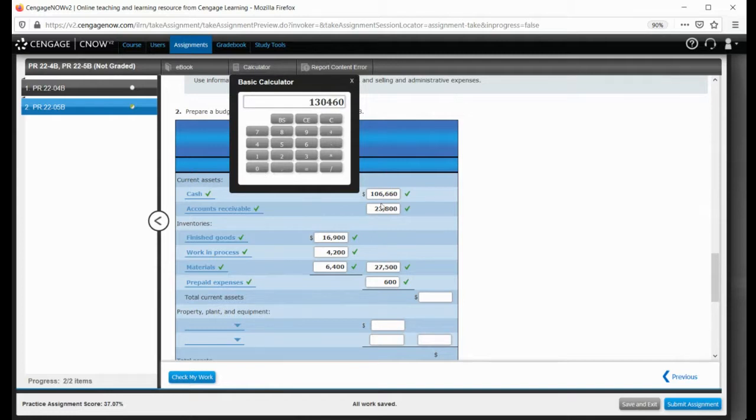We're going to add to that the total of our inventories of 27,500. And then we're going to add to that the prepaid expenses of 600. That'll give you a total current asset of 158,560.